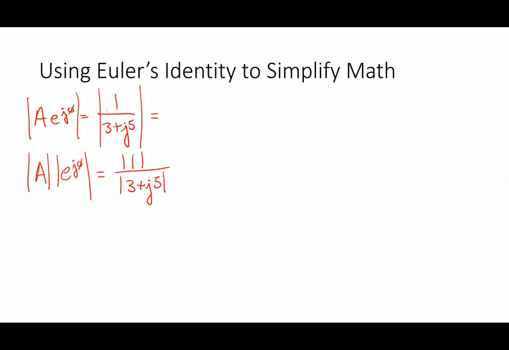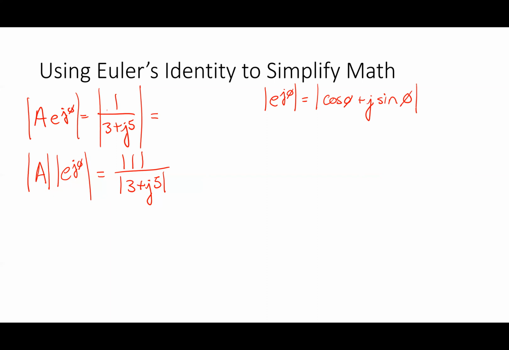The magnitude of e to the j phi, I'm just taking for granted that that's equal to what? 1. How do I know that? The magnitude of e to the j phi is the magnitude of cosine phi plus j sine phi.